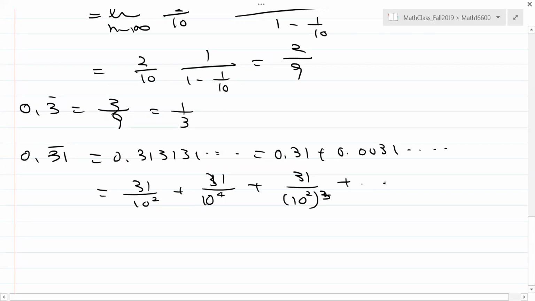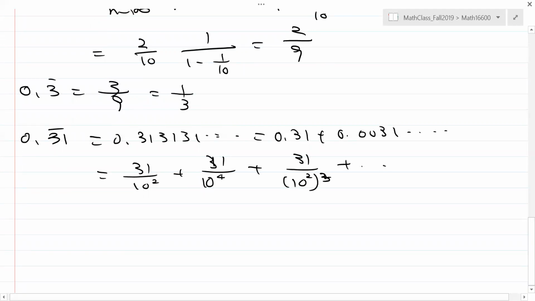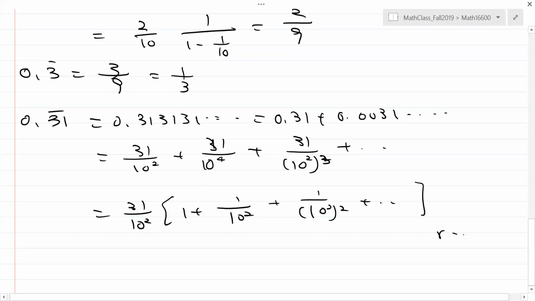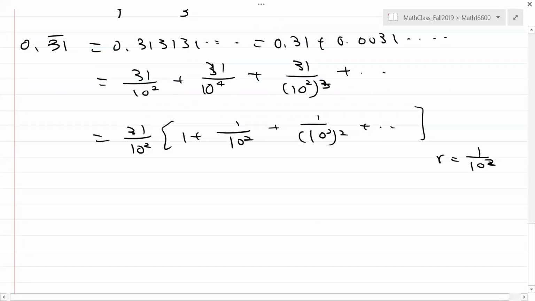So if you take 31 over 10 squared out, you will get 1 plus 1 over 100 plus 1 over 100 squared, and so on. So your r is going to be 1 over 10 squared, which is 1 over 100. This is supposed to be just 1 over 1 minus r.